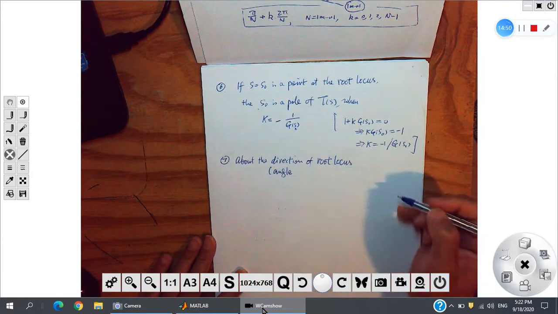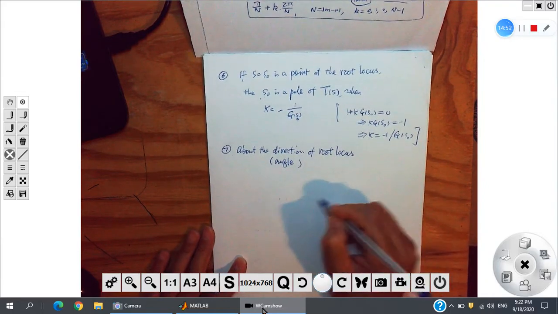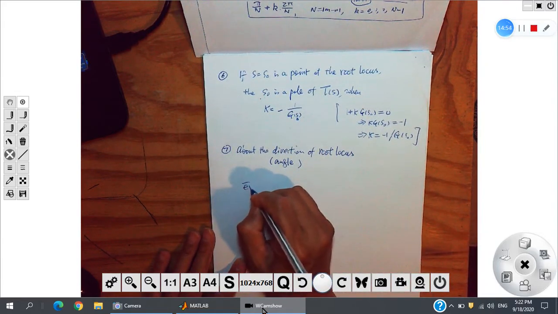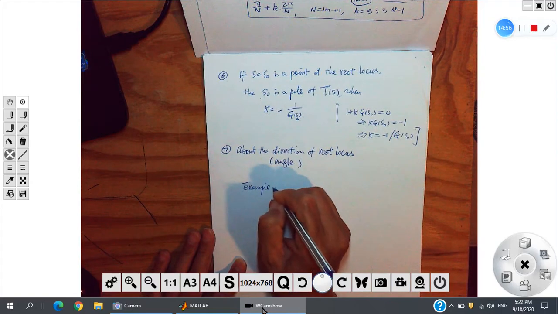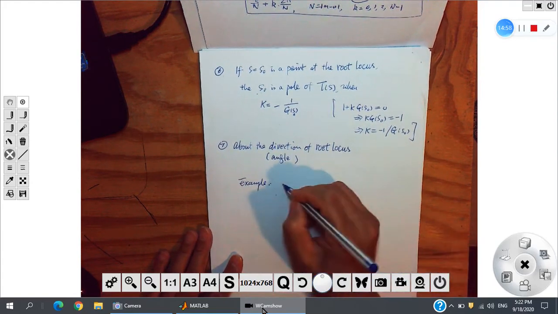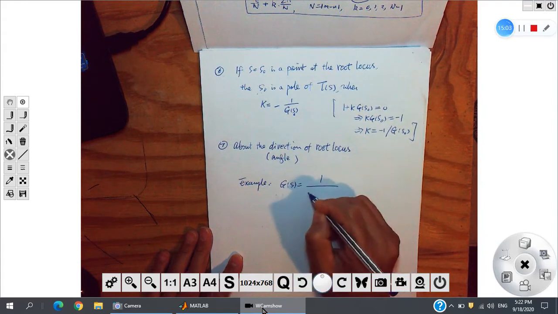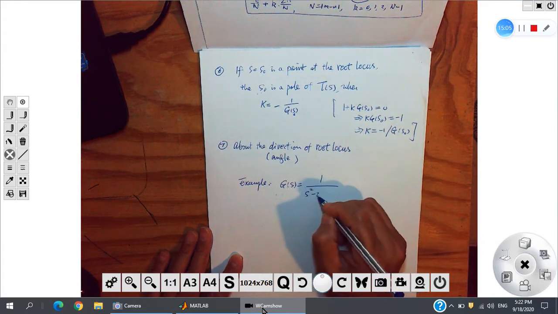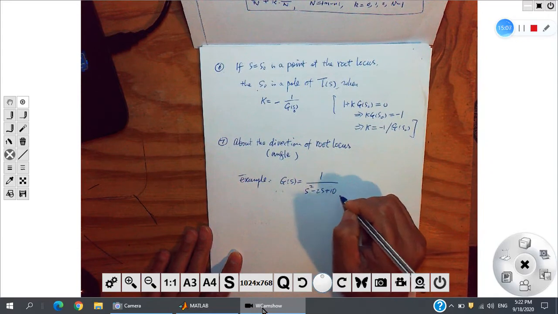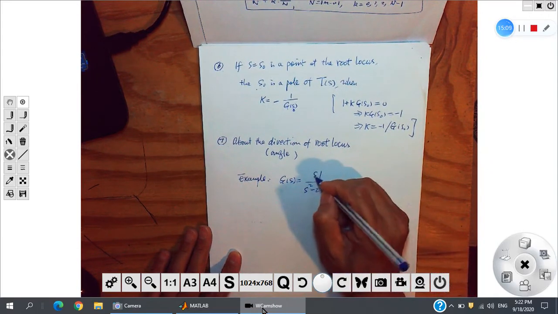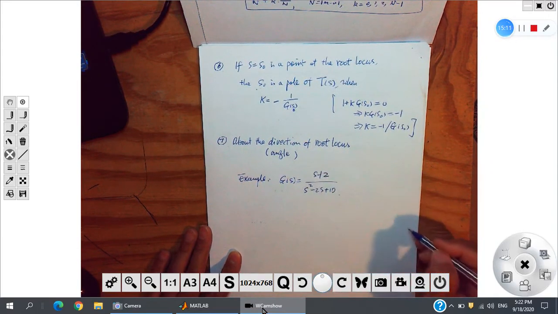We can think, for example, we consider G of s, which is s plus 2 over s squared minus 2s plus 10. This is G of s.